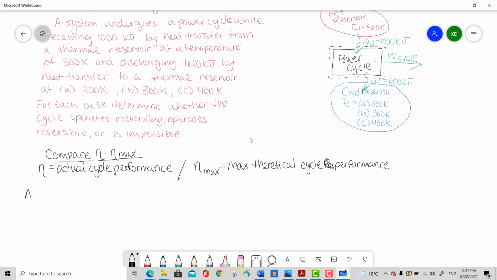So for actual performance, we get N equals 1 minus QC over QH equals 1 minus 600 kilojoules over 1,000 kilojoules, which is going to give us 0.4. Okay, so that's that.